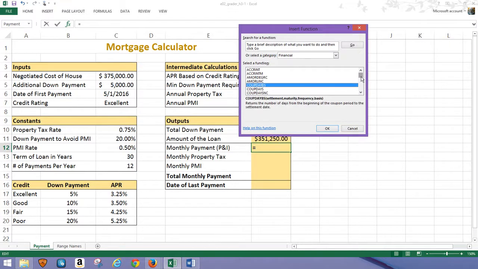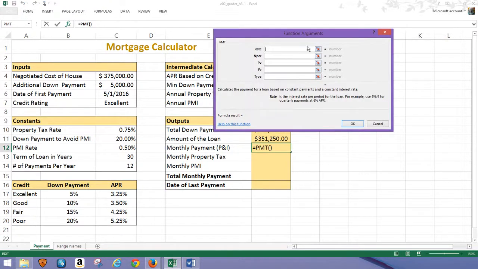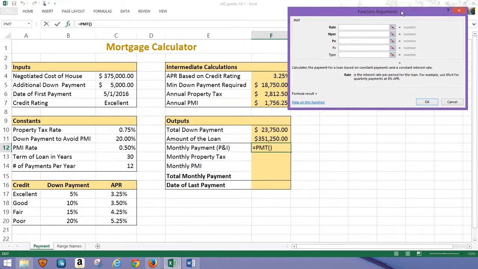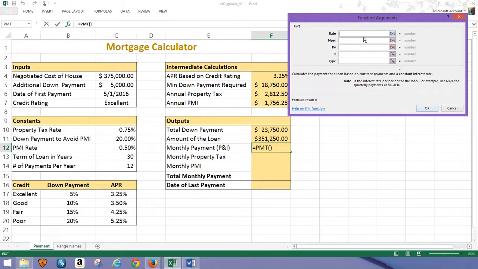And we go all the way down to payment, PMT. Payment and VLOOKUP are two formulas. You must know what is in those formulas. So the rate, well, where's the rate of interest? Here's where the rate of interest is.